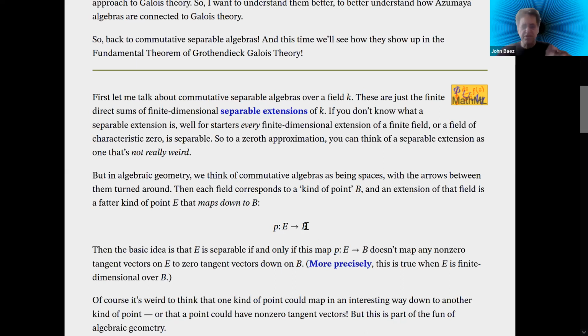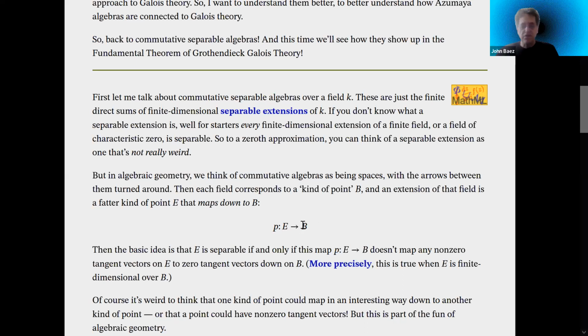You can talk about derivations of an algebra. So it's talking about derivations of the big field, thought of as an algebra over the smaller field. Those are like vector fields. Yes, on the total space that map down to the zero vector field on the base space, because the things living in the smaller field are constants for the derivations. Yeah, so they're like infinitesimal bundle automorphisms or something like that.